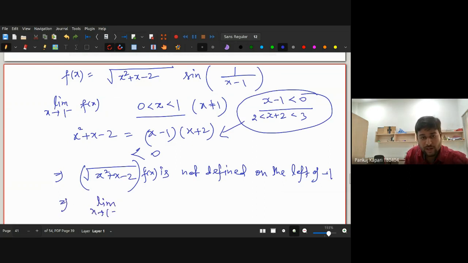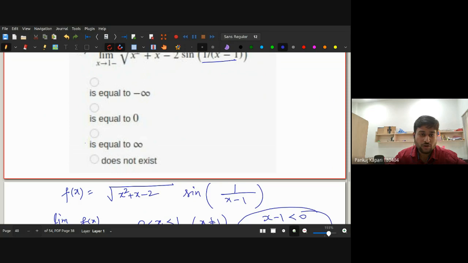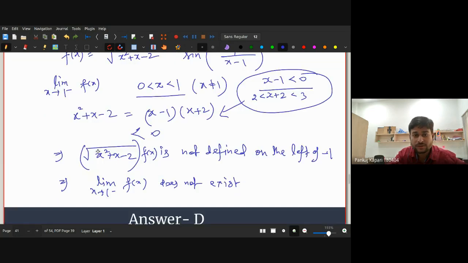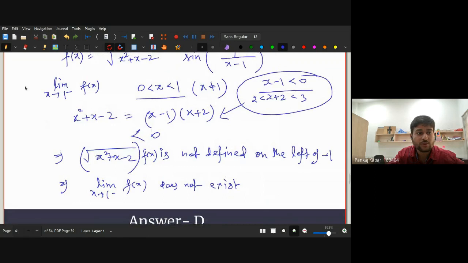The limit as x tends to 1 minus of f x does not exist, right? Because the function is not defined. This limit does not exist. Okay, the fourth option is correct here. So any questions till now?